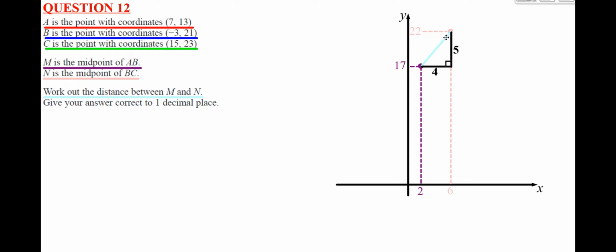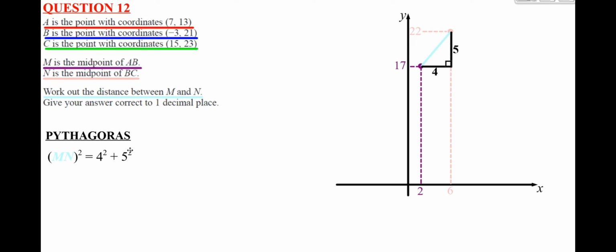In other words, after all that, it reduces down to a Pythagoras question. So, that longest side squared, the hypotenuse squared, will be that side squared plus that side squared. In other words, MN all squared is 4 squared plus 5 squared.